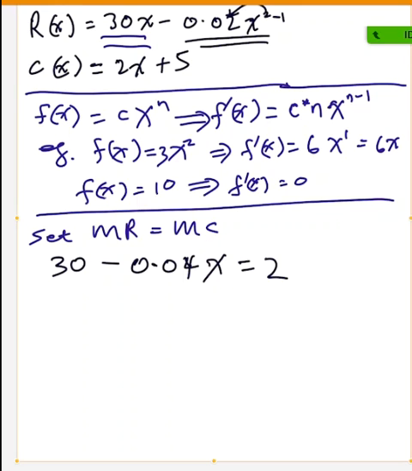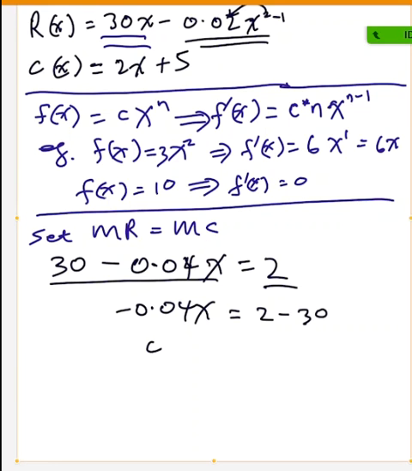So at this point, we can solve for the profit maximizing output. We have the marginal revenue and we have marginal cost. So simply rearrange, putting like terms on one side. We are going to have 0.04x is equal to what? Subtract 30 from both sides. You are going to get 2 minus 30.